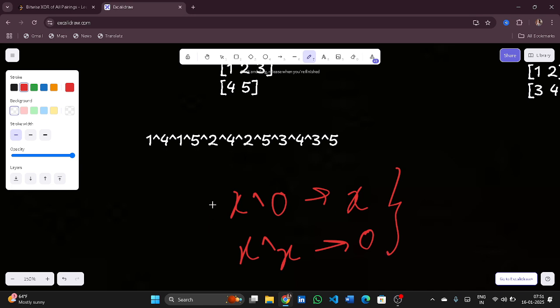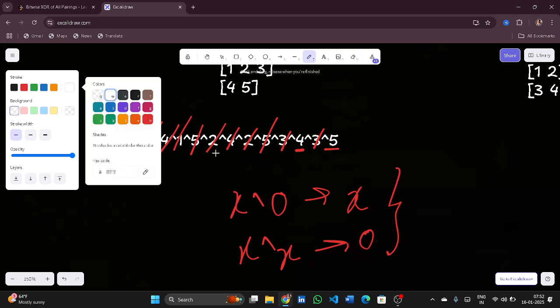Now, if you have any element, 1 or 2 or anything, two times, then they will cancel out. So let me write here 1 for one time. So I have cancelled it, and then 2 and 2, 3 and 3, and then 4 and 4, 5 and 5. So here we are left with only two elements, 4 and 5.